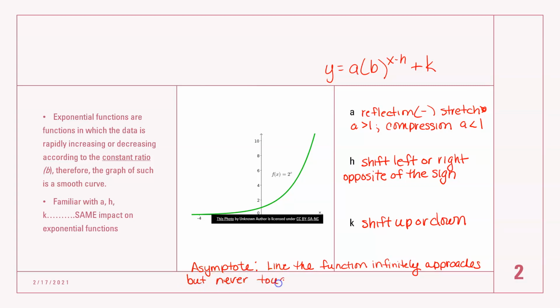So you can find the equation of that line by finding k in your equation. So that is y is equal to k, kind of like we had with the axis of symmetry, but this is y because it is a horizontal line.